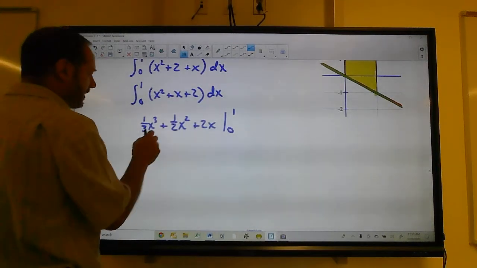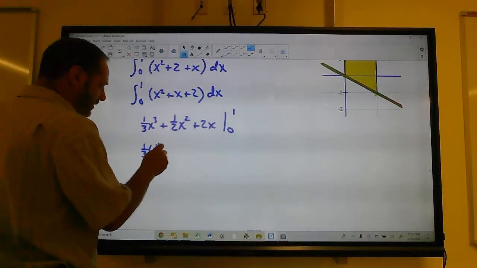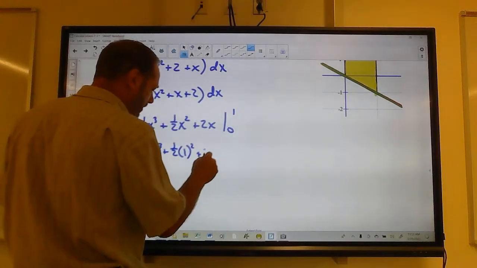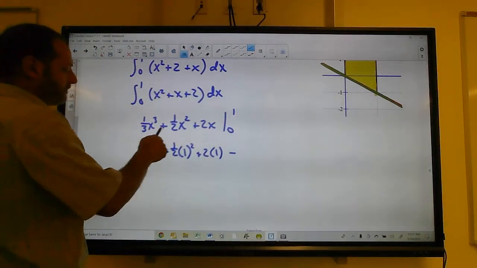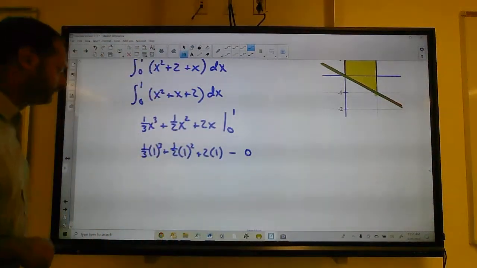Then we plug in 1. This is 1/3 times 1³ + 1/2 times 1² + 2 times 1, minus what we get when we plug in 0, but these are all going to be 0, so this is just minus 0.